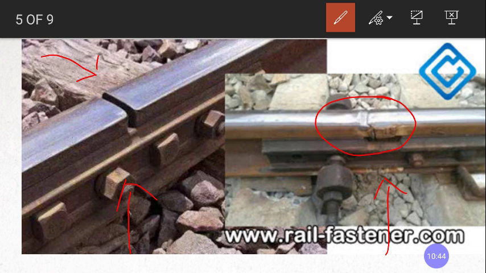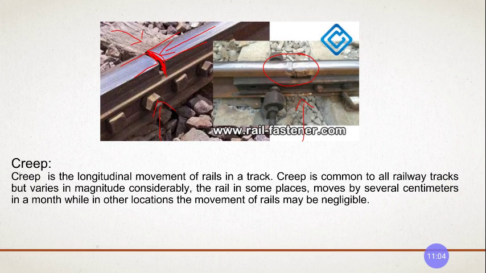This track has moved inside this track. It has become like this, and this gap is not there now. Understood what creep is now, right? It is the movement of the track along the length of the rail track or along the movement of the train.